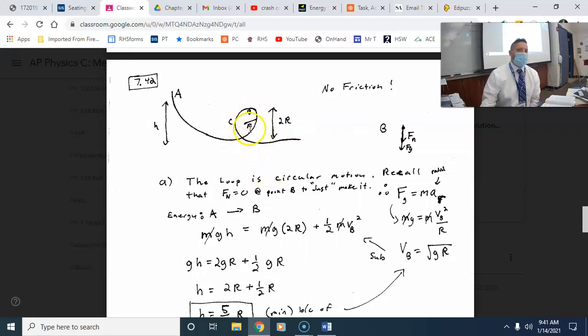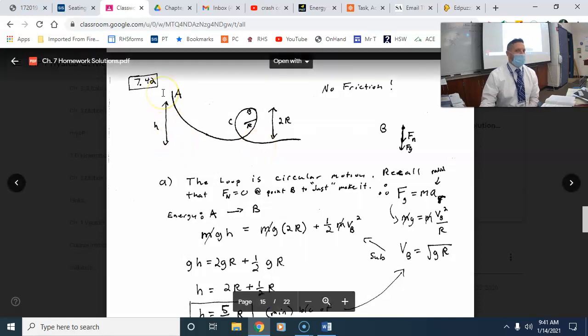But if the radius is r, and that's a uniform circle, then we could say that point B is 2 times r from the bottom of the track. Remember, the picture in the book is better. That's like our reference level right here, from here to here, how high we are off. H is how high we are off to start.